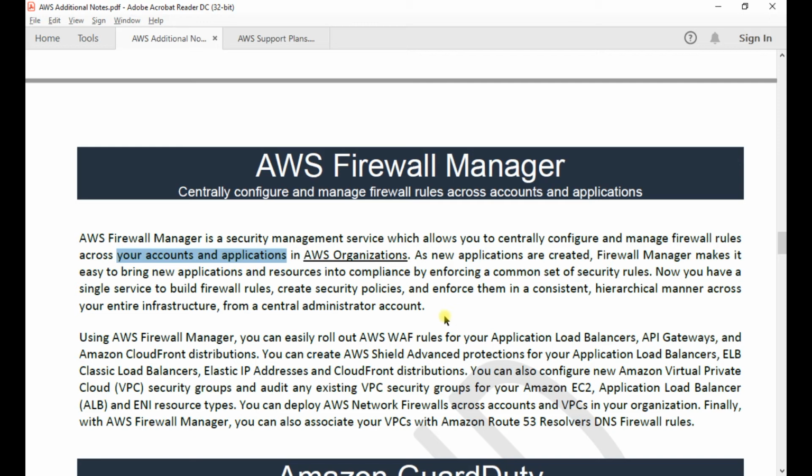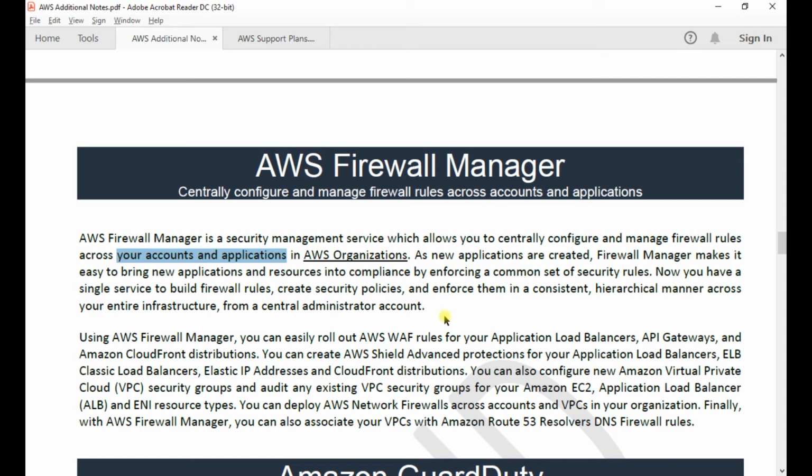So in AWS Organizations, the working people will work in their own accounts everywhere. This organization will help you in centralizing all the accounts.